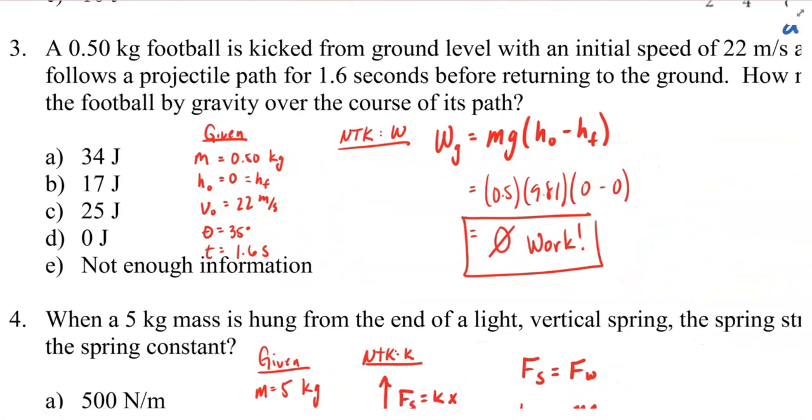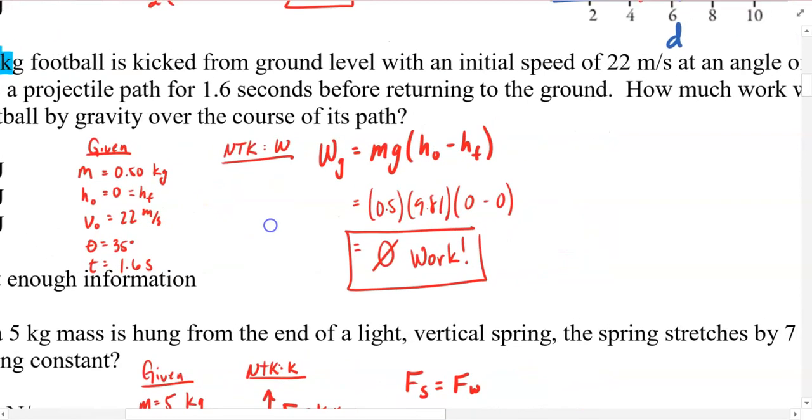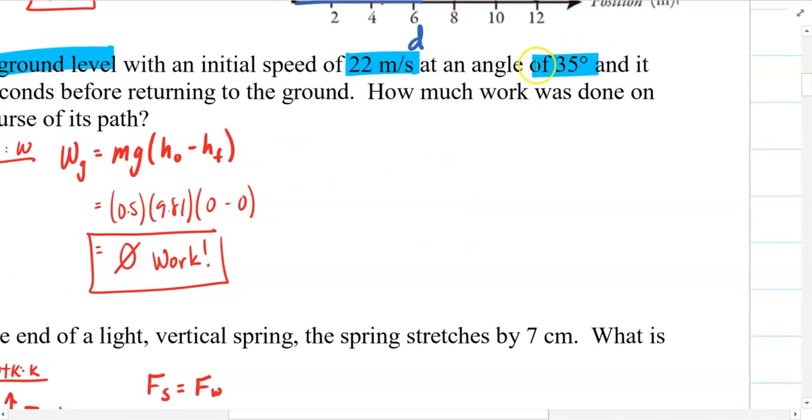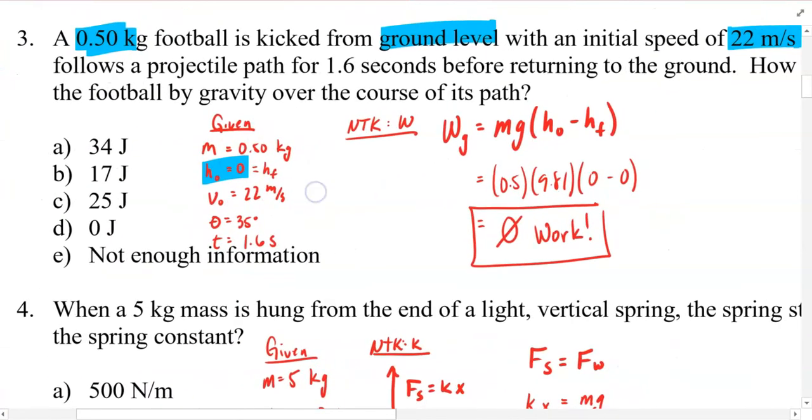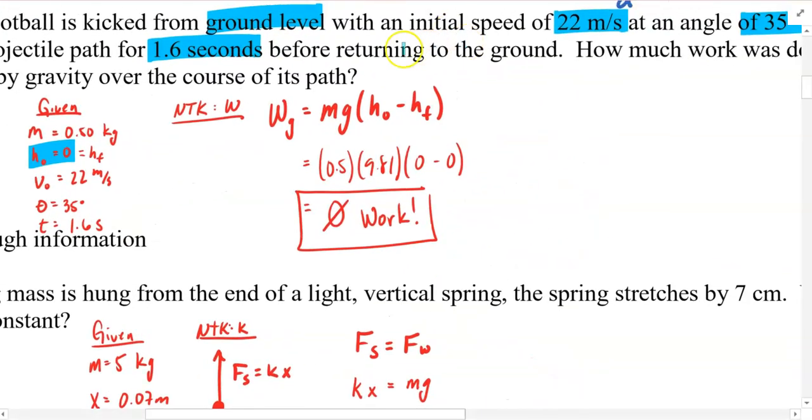For number 3, we've got a half kilogram football kicked from ground level. Now that may not look like a number, but it's good for us to note that the beginning height of the object is 0. There's an initial speed of 22 meters per second and an angle of 35 degrees. The ball follows a projectile path for 1.6 seconds before returning to the ground.